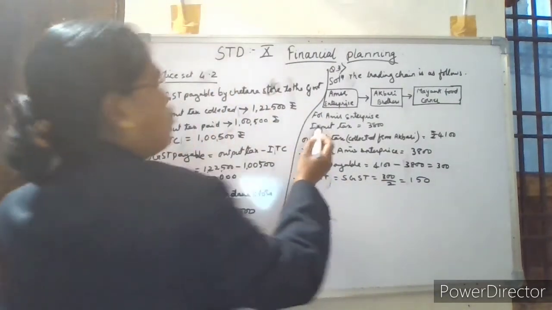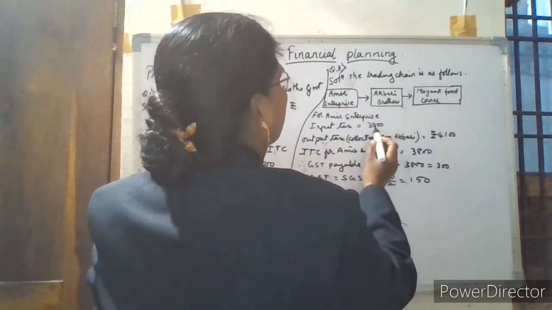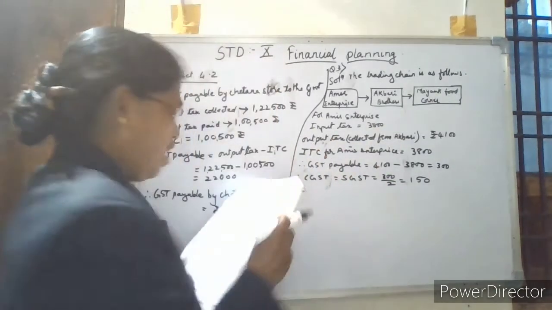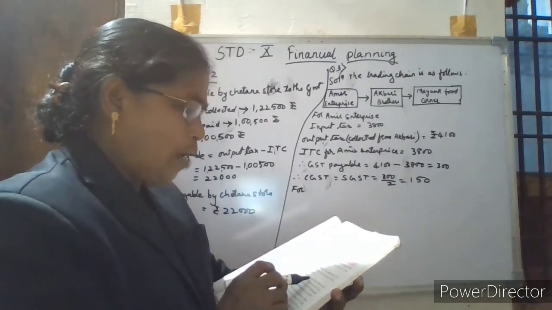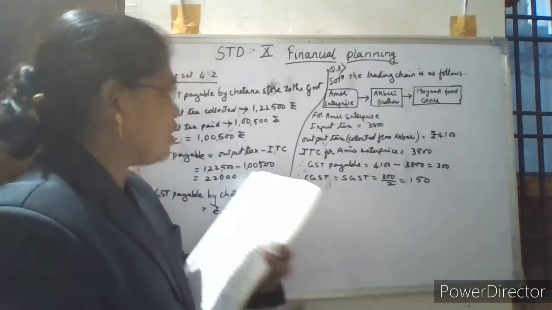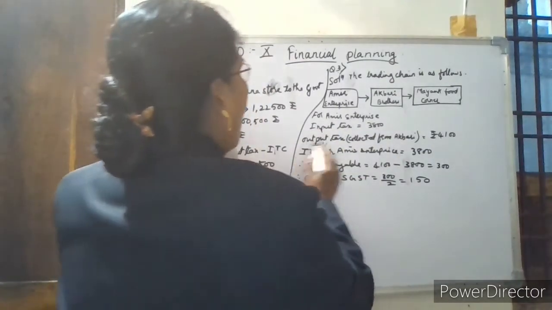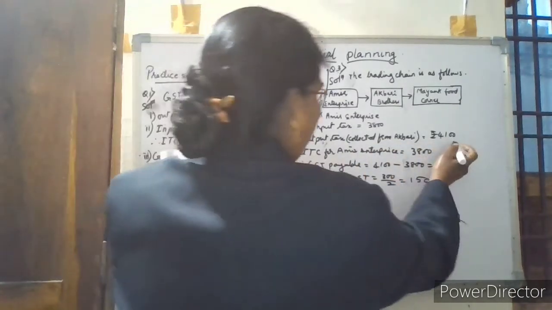Now, for Amir Enterprise, input tax is equal to 3,800. That is, he has purchased and paid rupees GST 3,800. So his input tax is 3,800. Output tax that is collected from Akbari is 4,100.